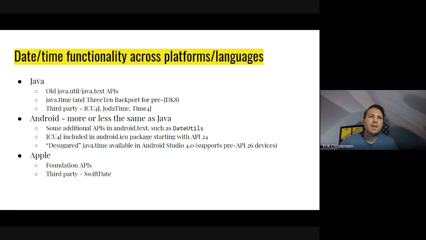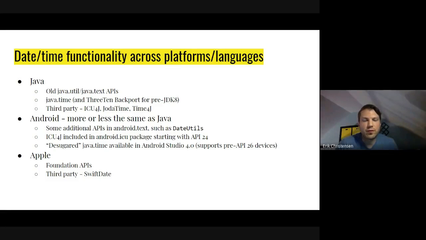So let's take a look at date and time functionality across a subset of platforms and languages. On Java, we have a lot of these old java.util and java.text APIs for working with dates and times, some of which are now deprecated. We have the newer Java time library, and there's also a ThreeTen backport that brings that to before JDK 8.